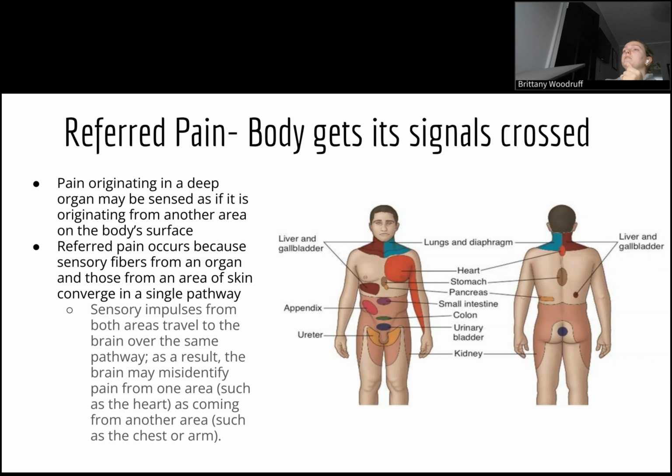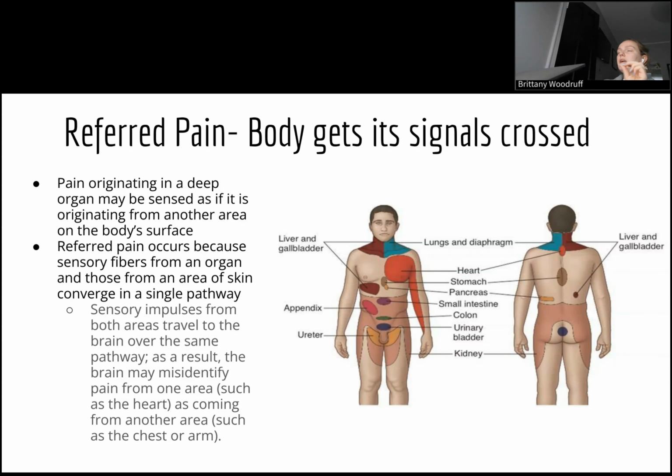So a really common example of this, the heart, okay? When the heart gets damaged, they say to look for pain in your arm, right? So pain in that left arm. Because your heart and the signals from the surface of your arm are traveling along the same spinal nerve. So when the heart sends off that signal that, hey, I'm in pain, okay, it's going to congregate with the signals from that area of the arm.